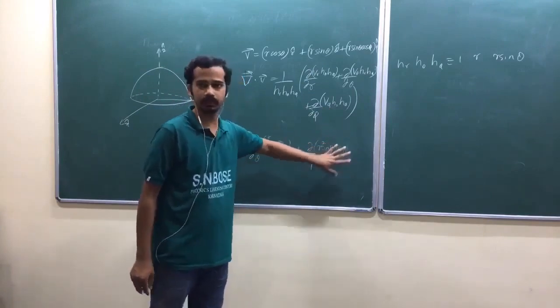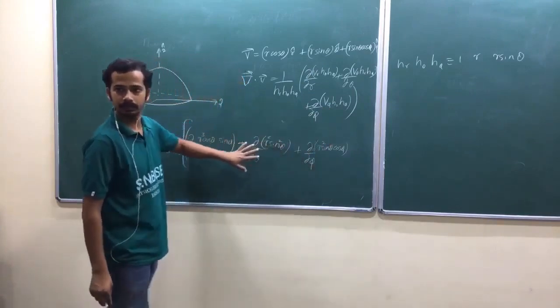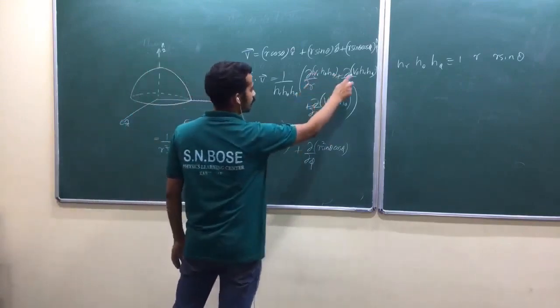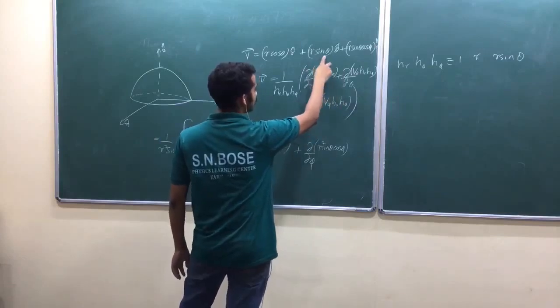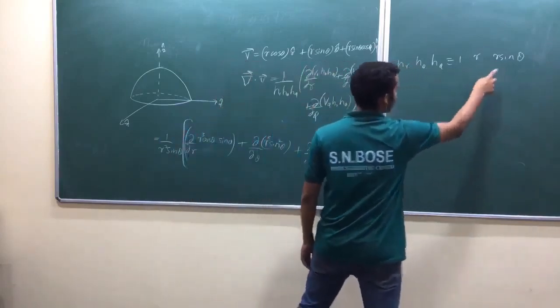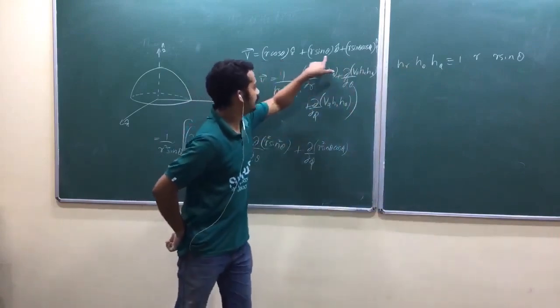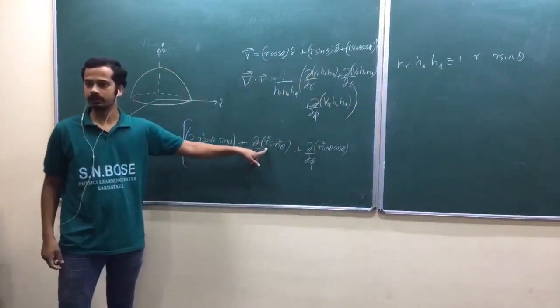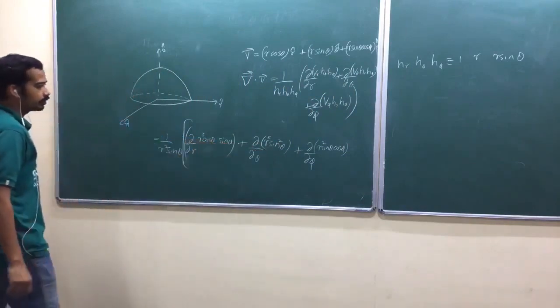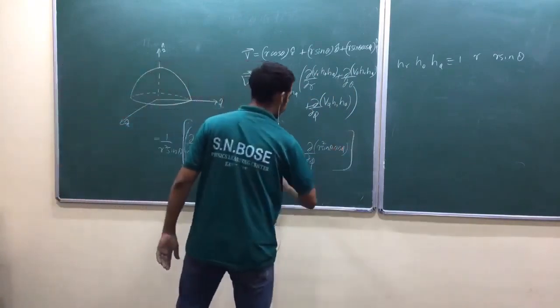I'm writing that one, then let me take it outside later. Second one, dou by dou theta of V_theta, which is r sin theta, times h_r h_phi, h_phi equal to r sin theta. R sin theta multiplied with r sin theta. Is that okay? Written directly. Do it in one more step.